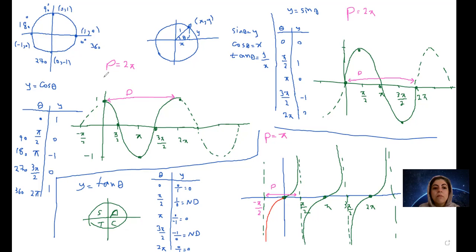Now, let's talk about the maximum point. Here, the maximum point is 1, right? The maximum point is 1, and the minimum point here is -1.